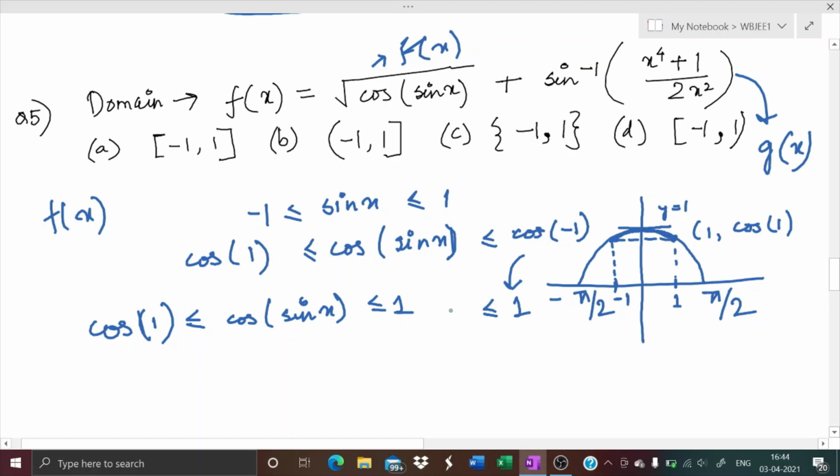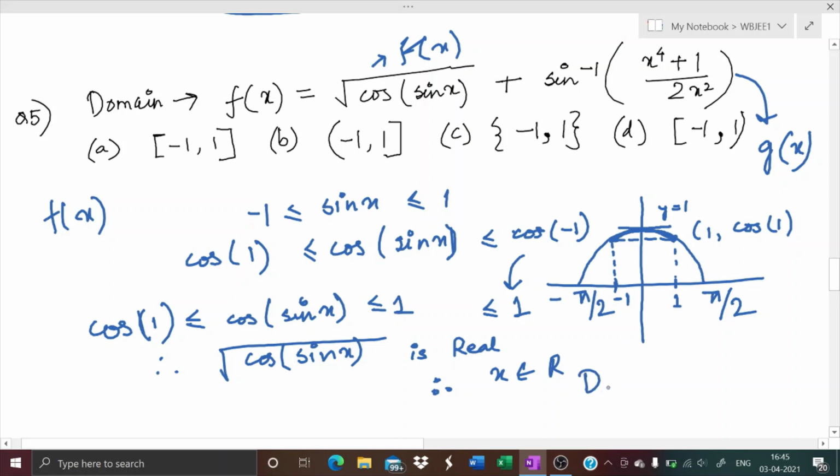This part of the graph, this is cos of 1 and this is 1. So cos of sin x belongs to R, it is real. Since this is real for all values of x, x will belong to R, and this would be D1 or Df.